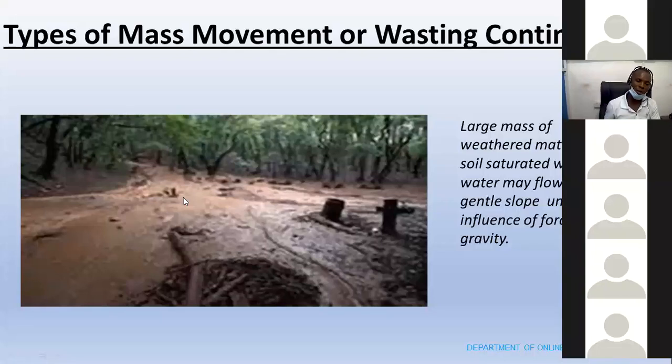So the presence of the water or the amount of water contained in this material is responsible for the movement of this material from its initial location to this current location. That is basically about the mud flow. You can see the role of water, and then most importantly, the role of the force of gravity. The role of the force of gravity is also very, very important.